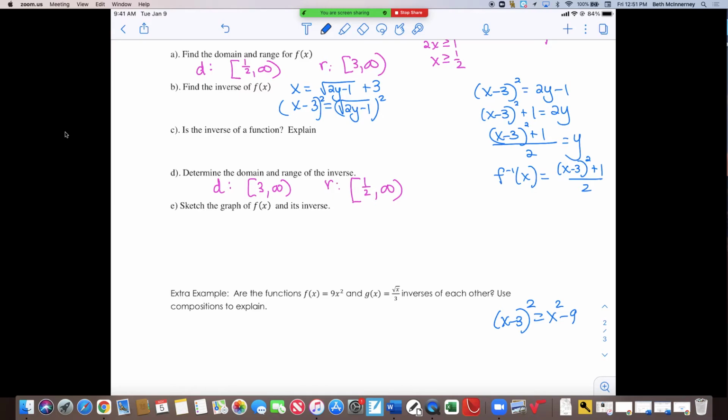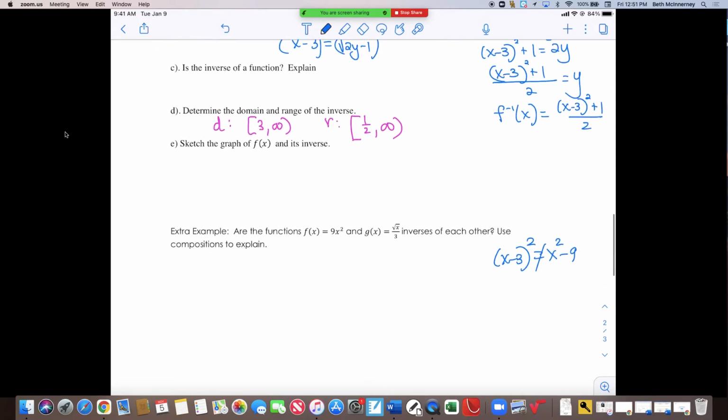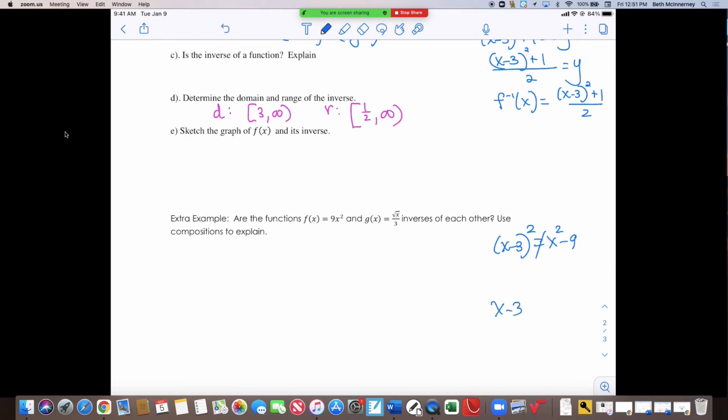You can do that, but you can't do that here because x minus 3 squared, this is false. Do you remember we did a homework problem on this? That's x minus 3 times x minus 3. So what you're thinking is true. If this had been x minus 3 over 2, I could have written that as 1/2 x minus 3/2. That's true. So I think what you were thinking is correct.